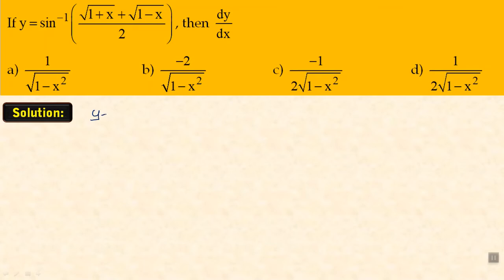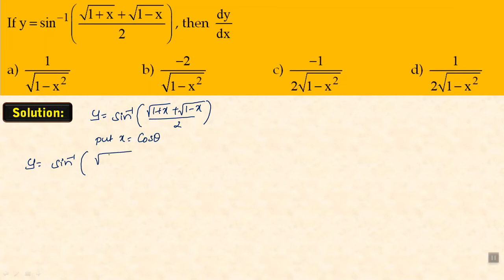Given y is equal to sine inverse of square root of 1 plus x plus square root of 1 minus x whole divided by 2. In this, put x is equal to cos theta. We get y is equal to sine inverse of square root of 1 plus cos theta plus square root of 1 minus cos theta whole divided by 2.